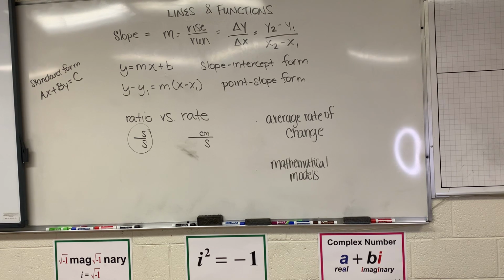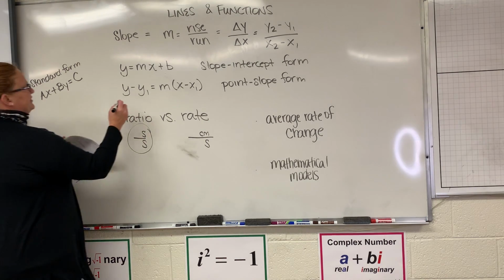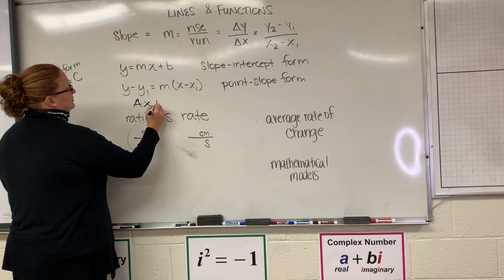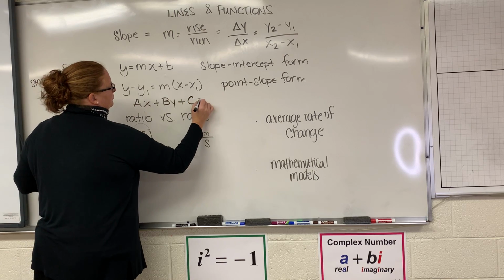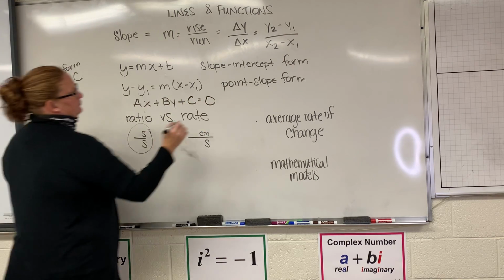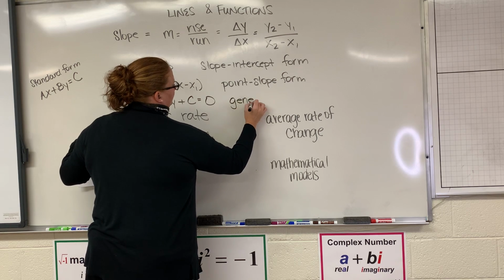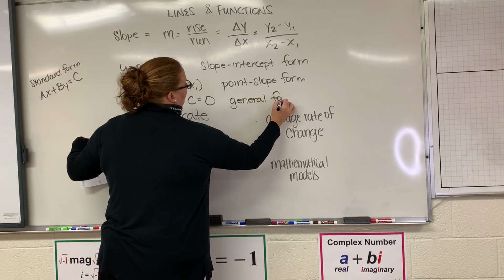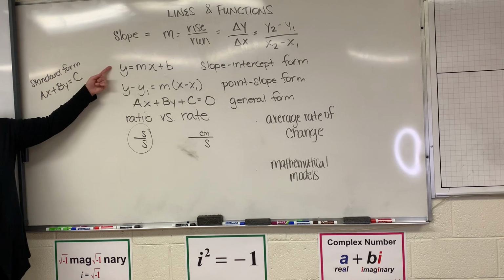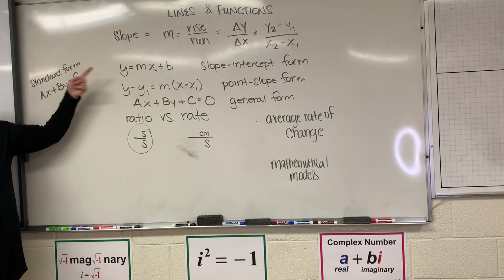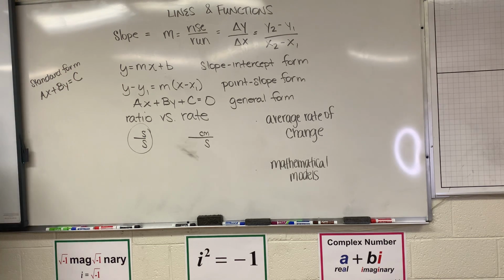They didn't have standard form in your vocabulary, but they have what's called general form, which is essentially the same thing except it's set to 0. And usually you got one or the other and they ask you to make it look like this. Sometimes they take this and ask you to make it look like that.